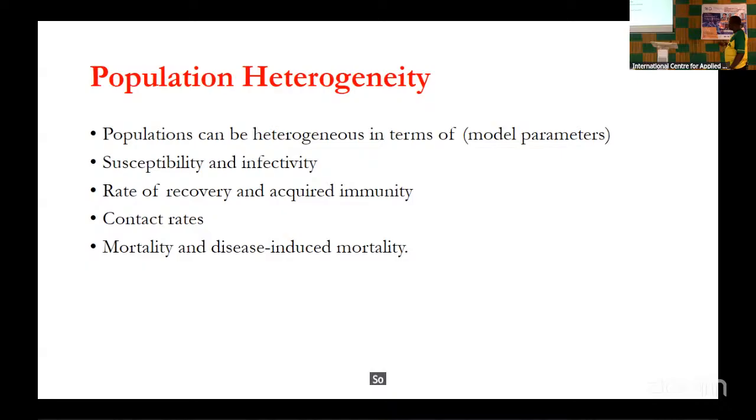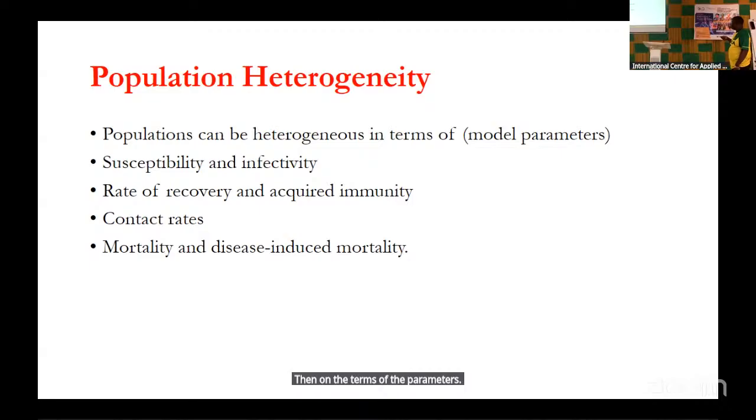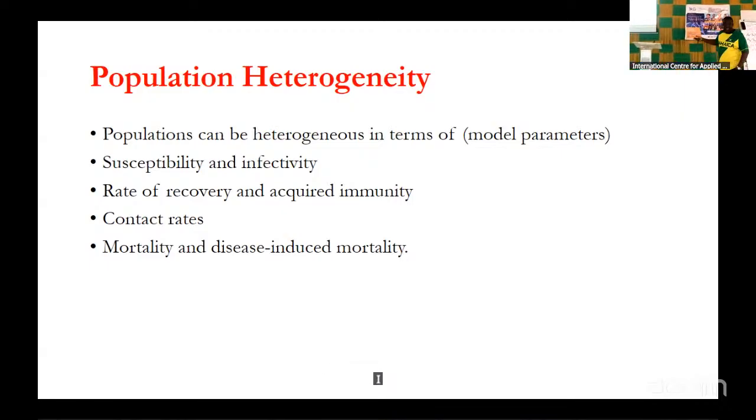So population heterogeneity can be heterogeneous in terms of model parameters. Like we were talking yesterday on the outdoor biting parameter and indoor biting parameter you introduce to your model, it can be a form of heterogeneity in terms of having some part of the population that you subject to different distinct natures. So heterogeneity can come in terms of model parameters, and then it can come in terms of susceptibility. Like I said yesterday, you can have different susceptible classes.